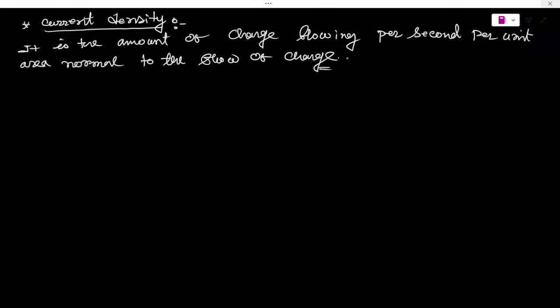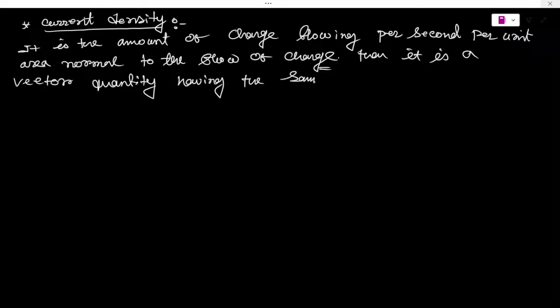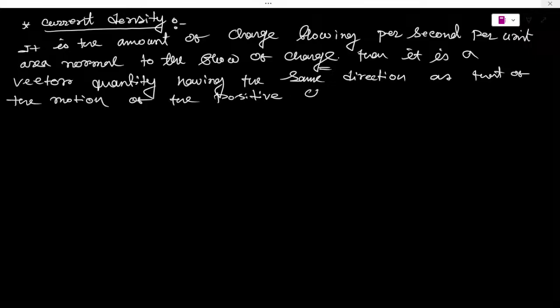It is a vector quantity, having the same direction as that of the motion of the positive charge.